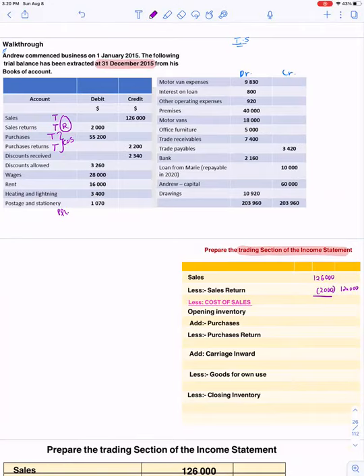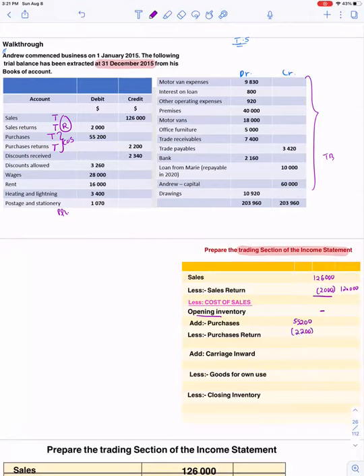Now let's see our opening inventory. Opening inventory would always be given in the trial balance. It is not given, so we'll put a dash. Purchases is 55,200. From that, we would subtract our purchase returns, which is 2,200.